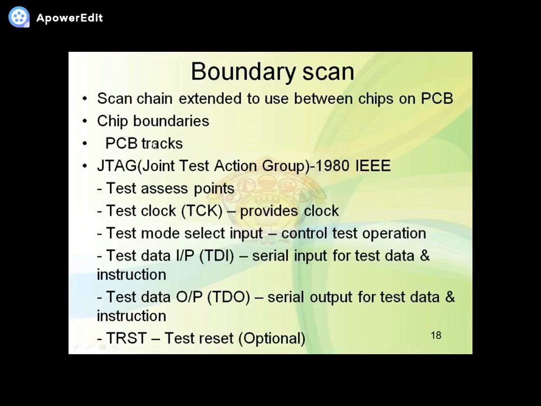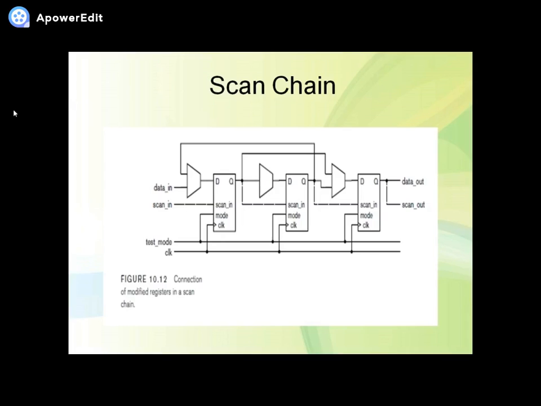So on the PCB tracks, there are various points we can take. What is the idea? In this case, scan chain flip-flops are used on the external pins of the PCB, on the PCB tracks.